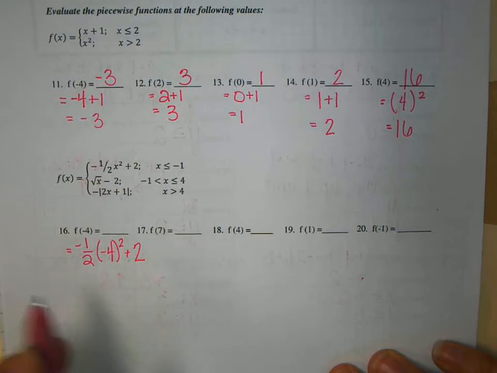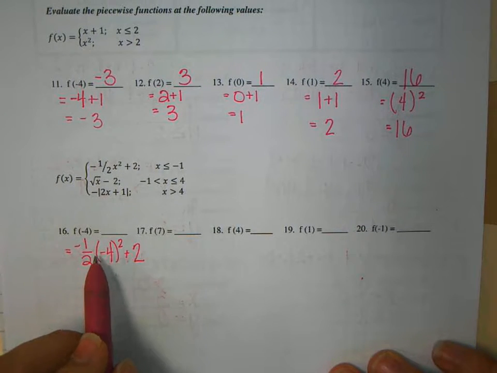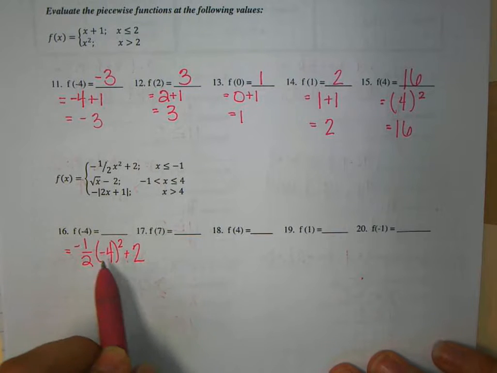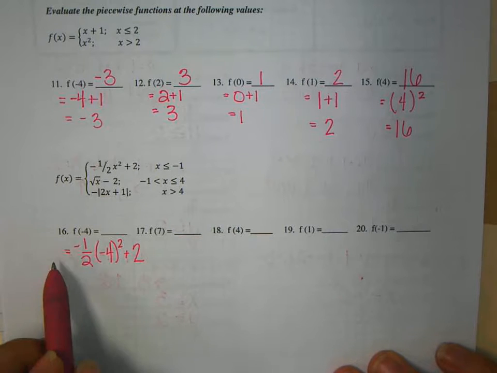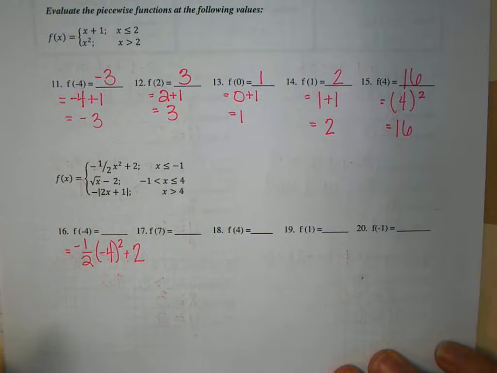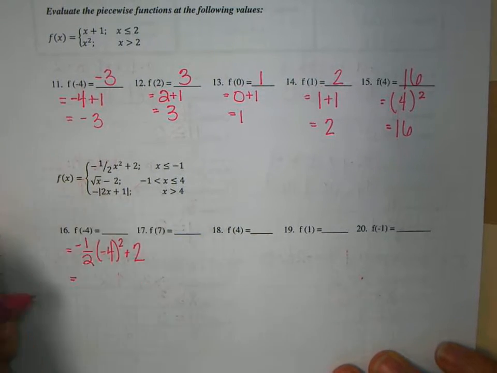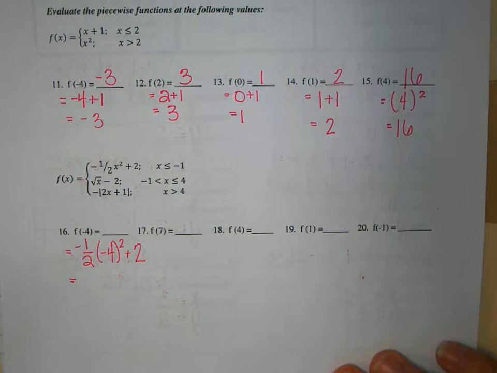Now, keep in mind, I think I noticed it today with one of you, when you square a negative in your calculator, if you do not put that in parentheses, then it's going to tell you that that number is negative. We all know that a negative squared gives us a positive number, so just be aware of that so that you don't make a careless error on your test tomorrow.